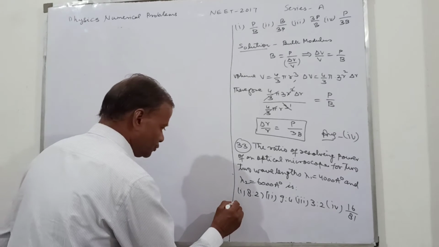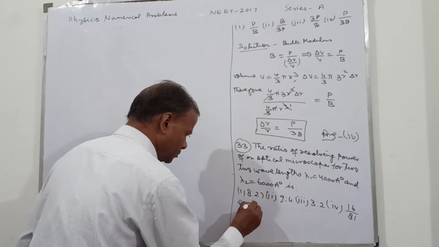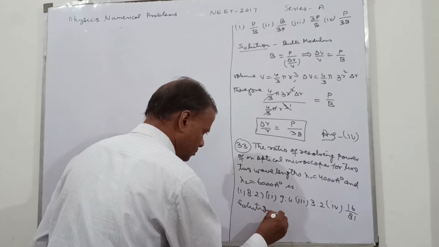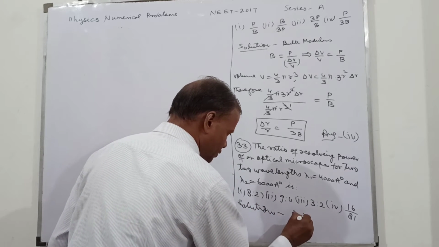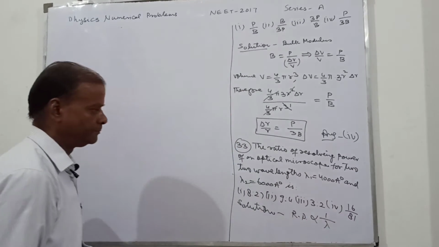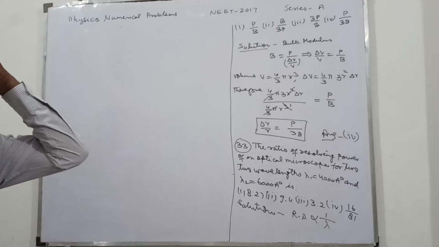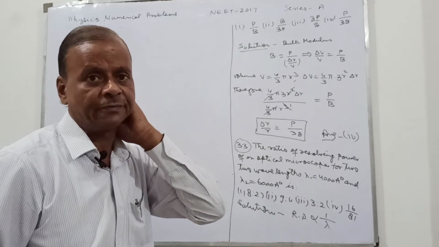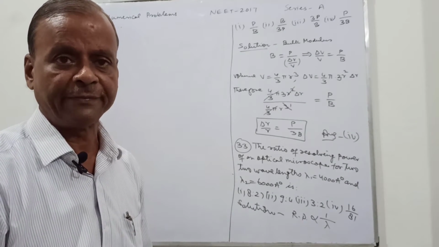So now the solution to this question. We know that the resolving power is proportional to 1 upon lambda. This depends upon the wavelength, but it is the reciprocal of lambda.